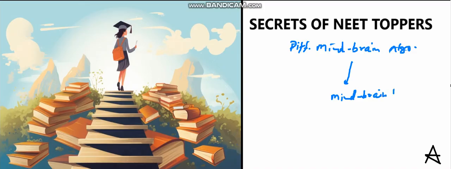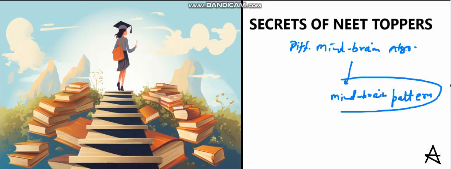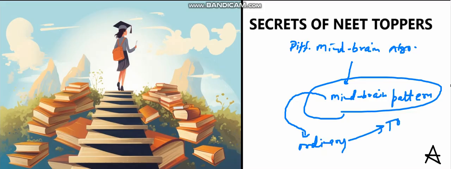Putting things more simply, the mind-brain pattern of the topper student is different from other students. That pattern is different, and if that pattern can be taught to an ordinary student, then certainly he can be the topper.